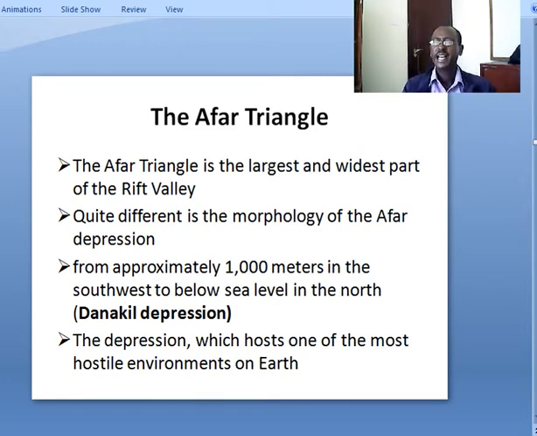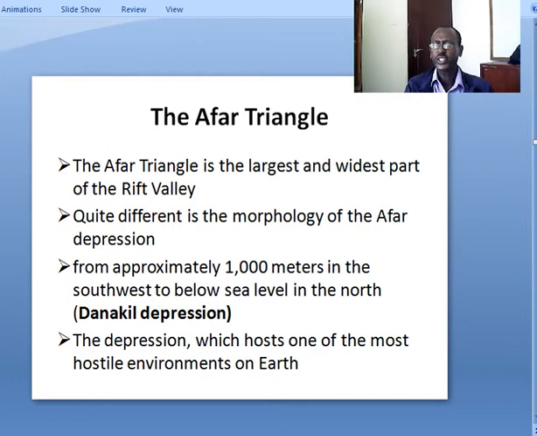The upper triangle is the largest and widest part of the Rift Valley. Quite different is the morphology of the upper depression, from approximately 1,000 meters in the southwest to below sea level in the north, what we call the Danakil or the Denkel depression, which is a very, very low land area in the country.